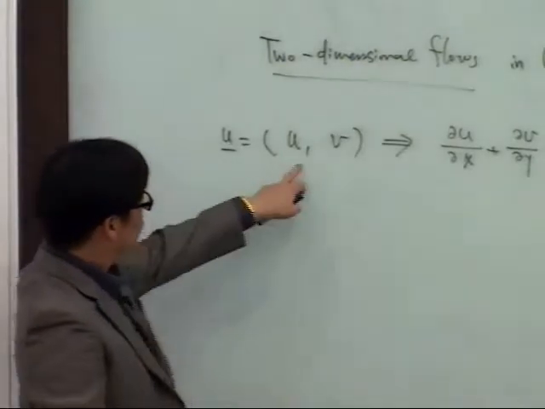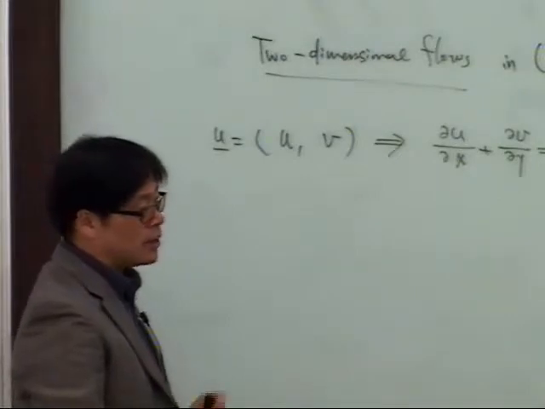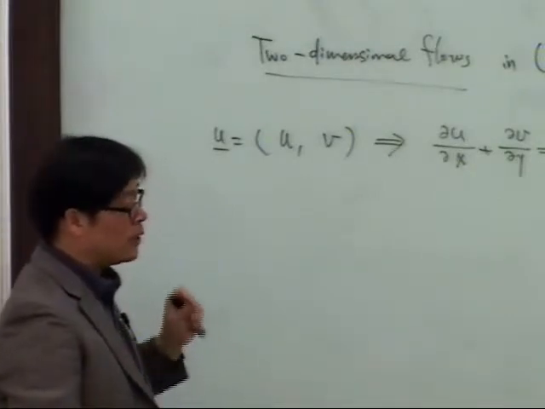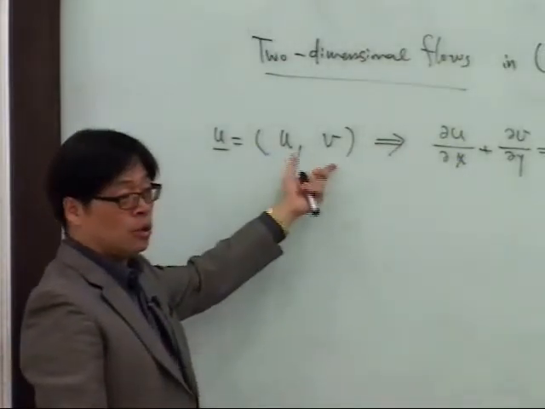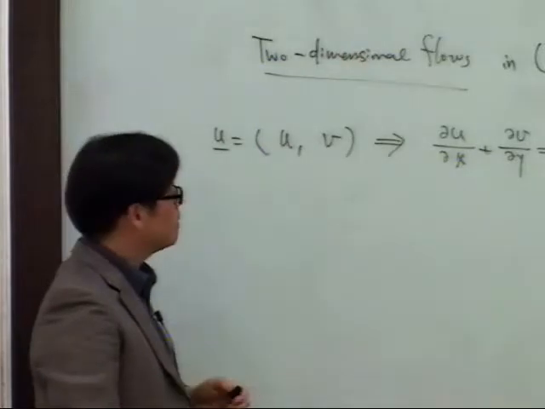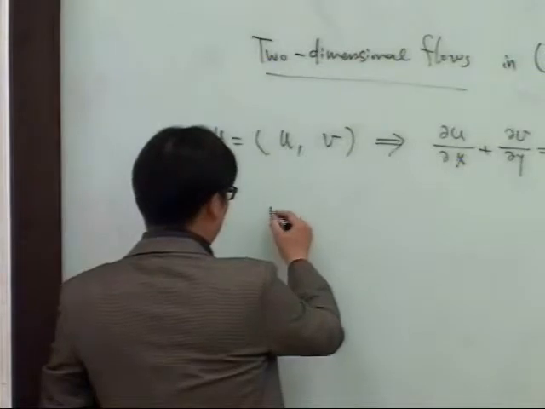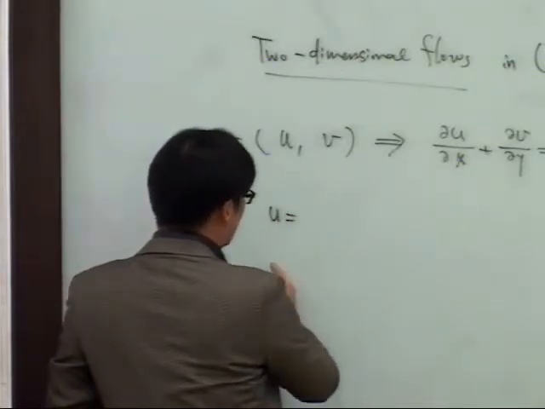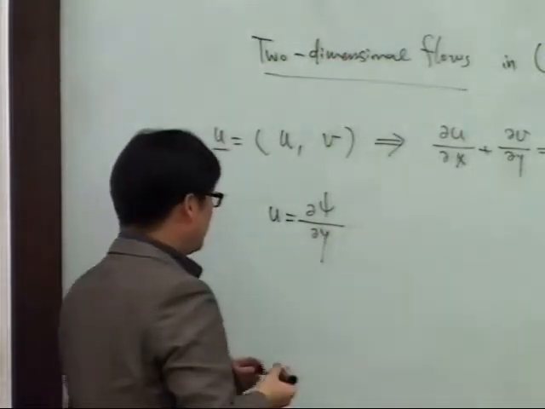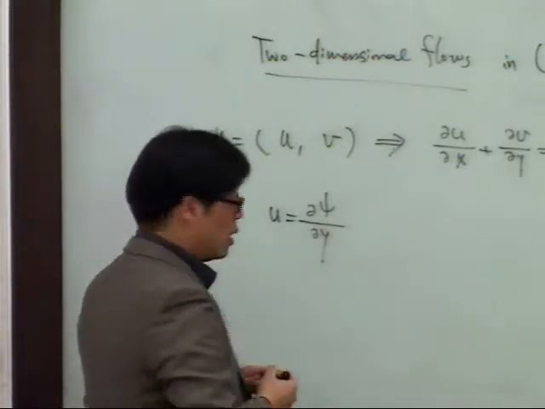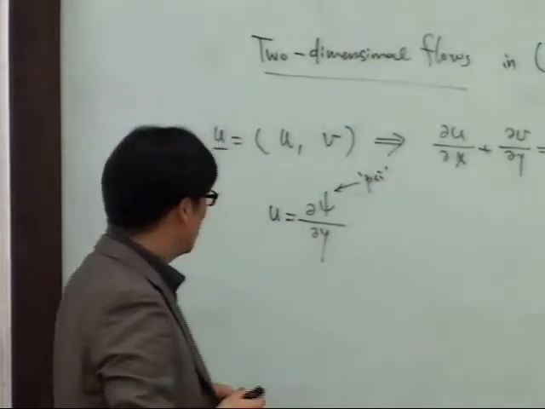Now, you have two variables, and you might wonder if there is any way to reduce the number of unknowns to 1 from 2. There is a way to do it by introducing a function. So let's say u is the y derivative of some function psi. Okay.